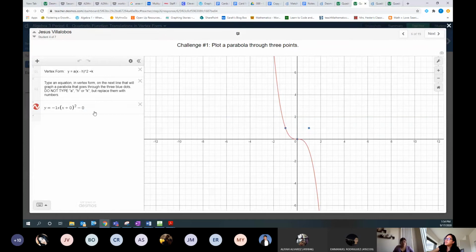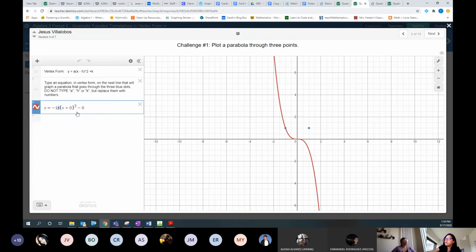All right, Jesus, you got an extra x outside. So now you have a cube. Your x here inside the parentheses is squared, so you have an x squared. And if you have another x outside, it's multiplying another x.